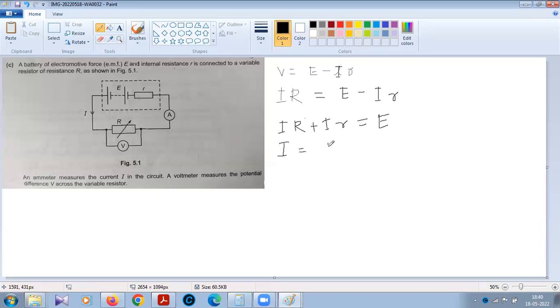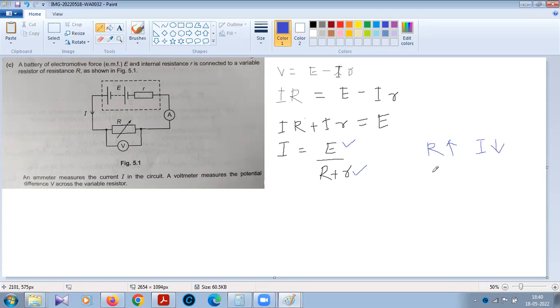So I will be equal to E by R plus r. So see here, this EMF is a constant. This internal resistance is also constant. So only the R is the variable. So if I increase the R, you can expect what will happen? I is going to decrease.